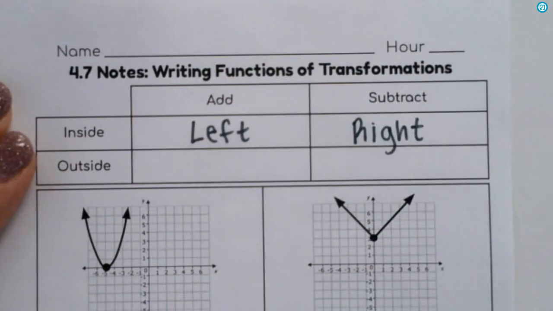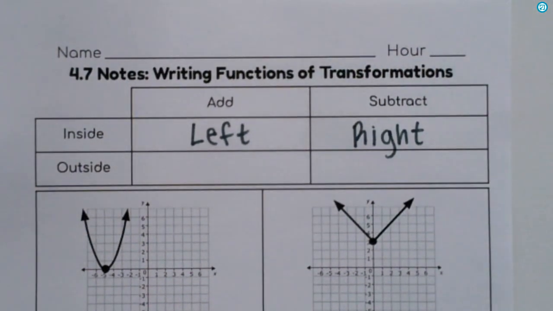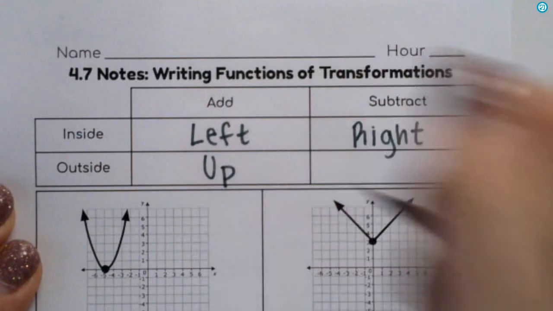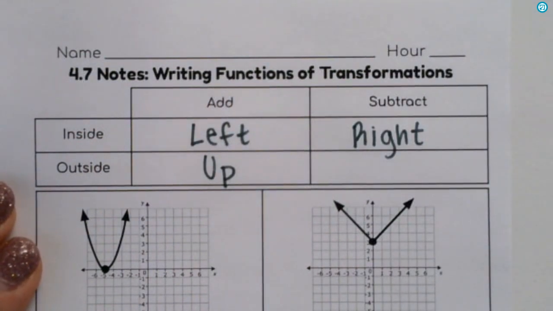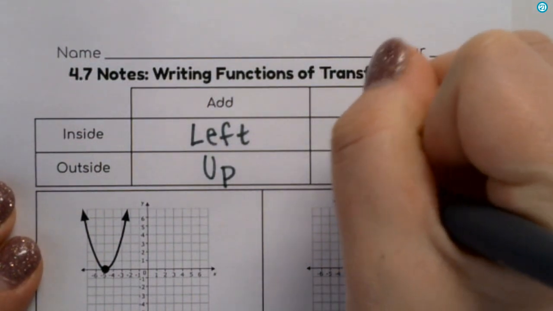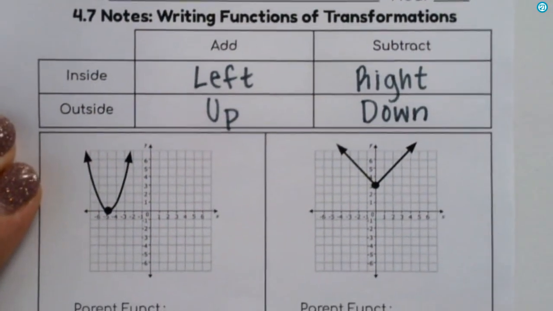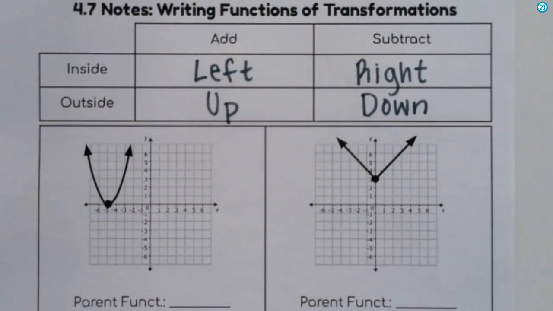So inside is left and right. Adding outside moves us up. Subtracting outside moves us down. So it's that exact same table, I just don't have the examples in it. It's in the same order too.